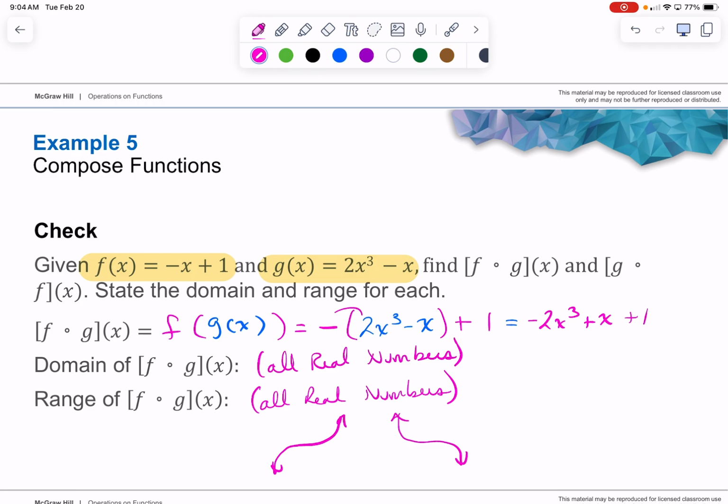You guys remember this? We know that we have a cubic function, and what's my leading coefficient? Negative 2. So is the right hand going up or down? Down. So it's going to be this one, right? Okay?